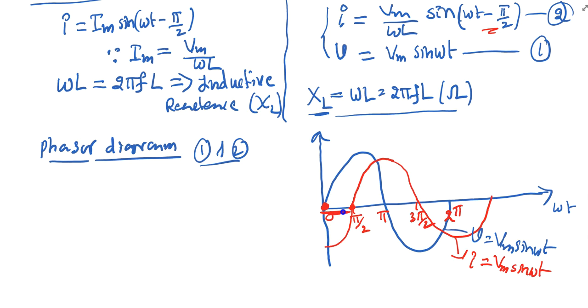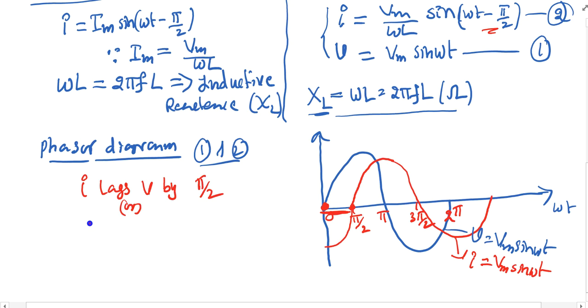Now I can summarize some points. In case of inductive reactance connected to the AC system, the current lags voltage by 90 degrees, or voltage leads current by 90 degrees.